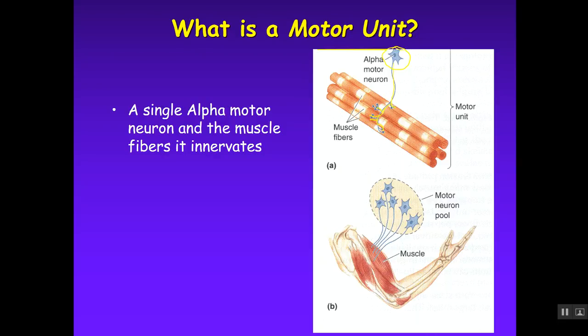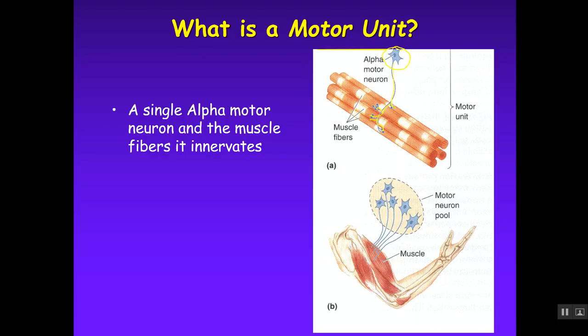It's a big muscle, but it's gross movement. It's just extending the knee, flexing the knee, extending the hip. It's not doing really fine control. So you can activate a lot of muscle fibers with just one cell and have this gross contraction. You don't have to do a lot of fine control with it.